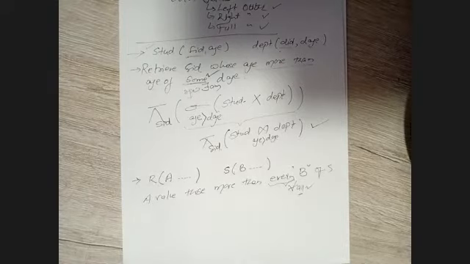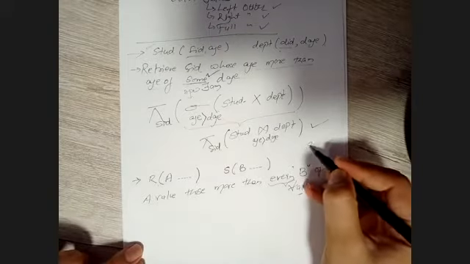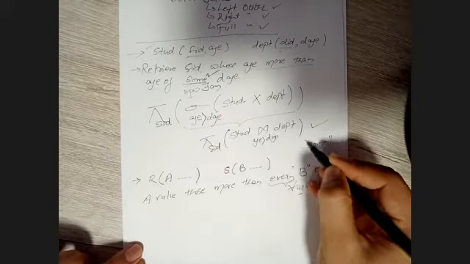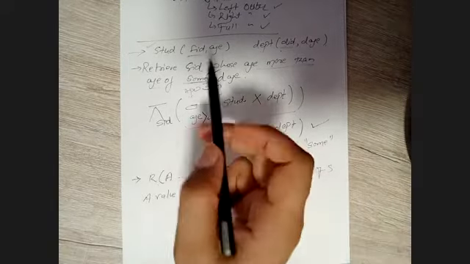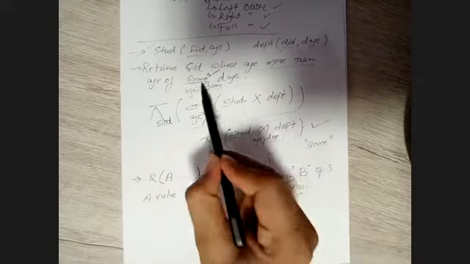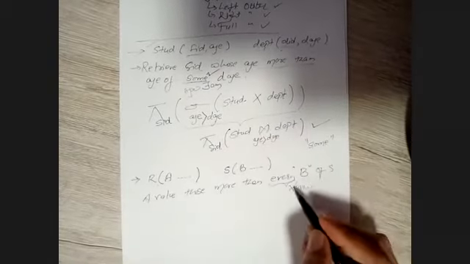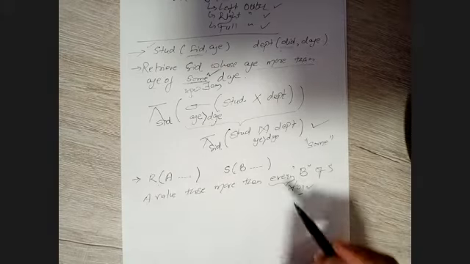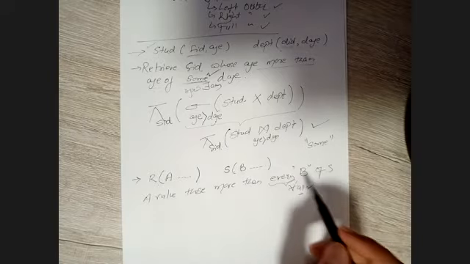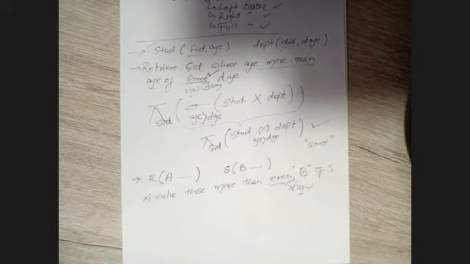As I told you in the previous class, when a question has the keyword some, we use Cartesian product. For example, here we use the Cartesian product due to this. But when we have every, we need to complement the situation and then perform the difference operator.